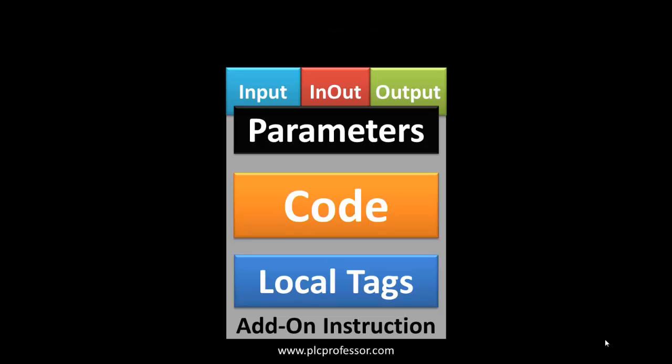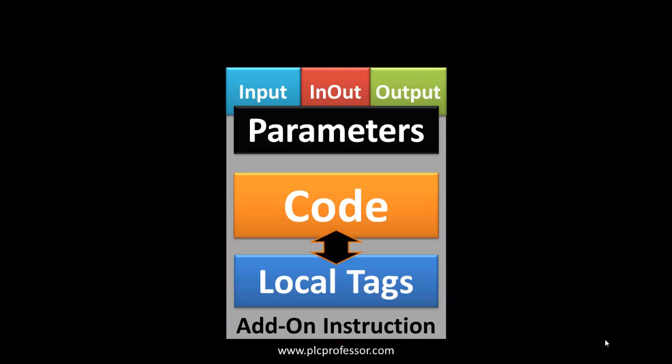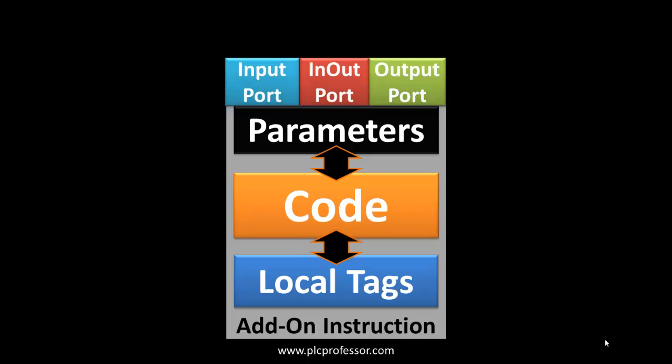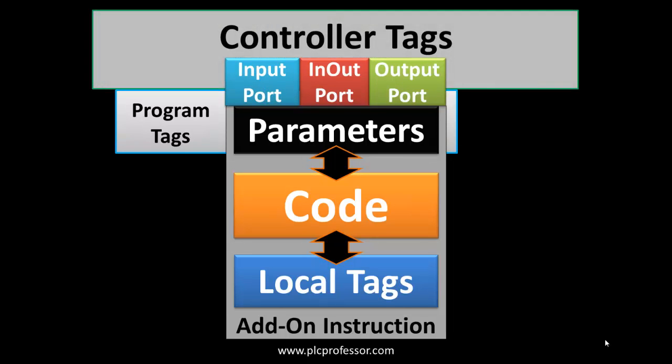The name of the game here is encapsulation, object-oriented programming. You're going to encapsulate both the database, the local tags, and the methods, the code, into an object. When the instruction is executed, the code reads from the local tags and the parameters. The parameters are actually data ports within the program that this instruction is used, as well as controller tags that all tasks can access.